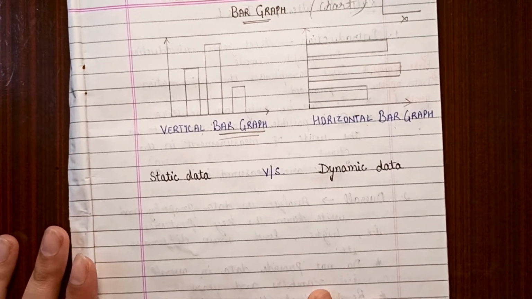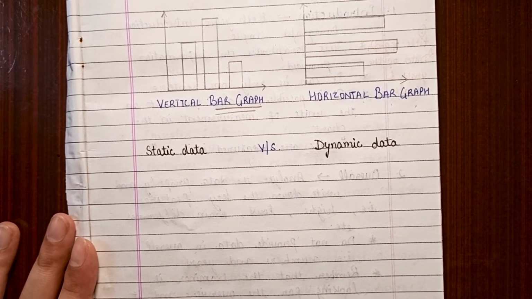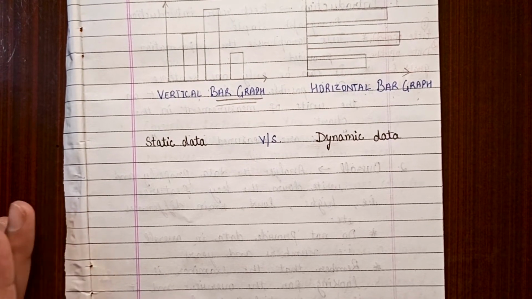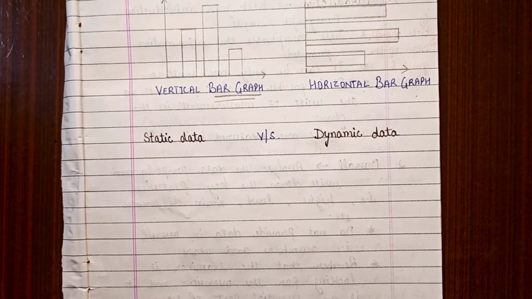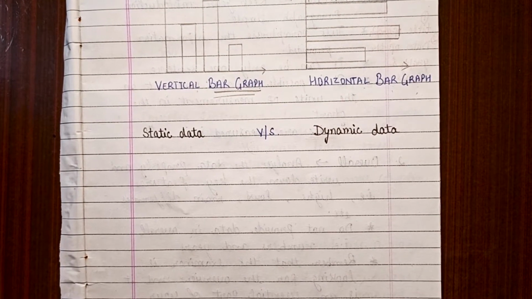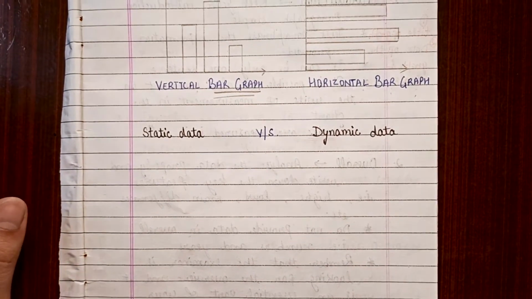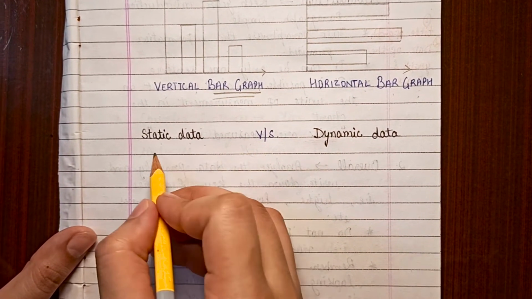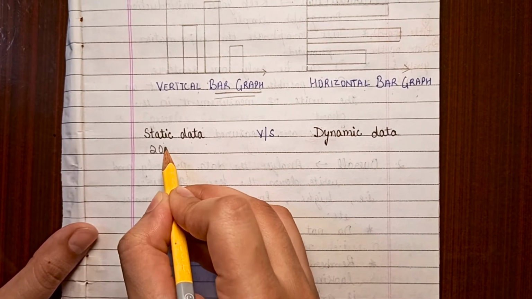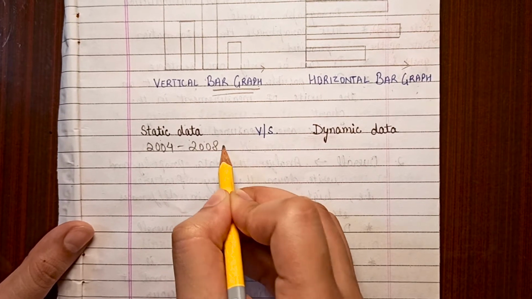So moving ahead with the static and the dynamic data, I hope you have watched my previous videos. In that I have explained what is the static data and the dynamic data. You can check them out as well because they are very helpful. What we need to consider is, if the data is static, for example, you are provided with two bar graphs, one is for 2004 and the second is for 2008.